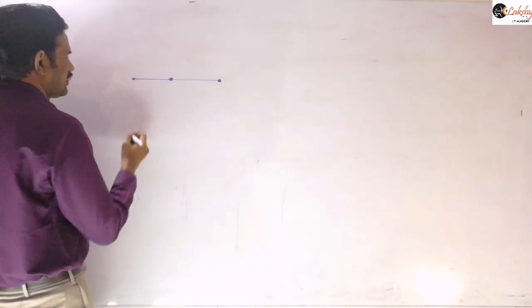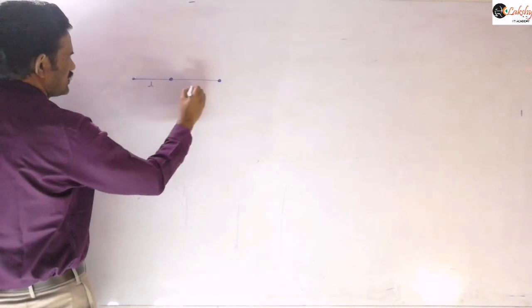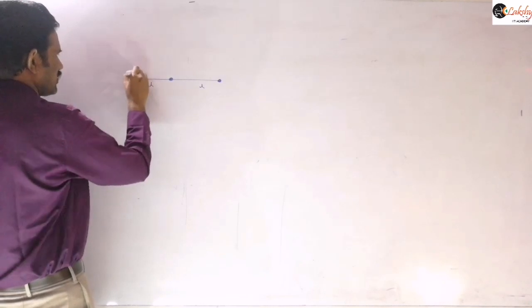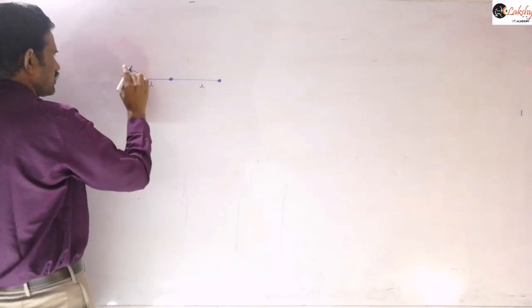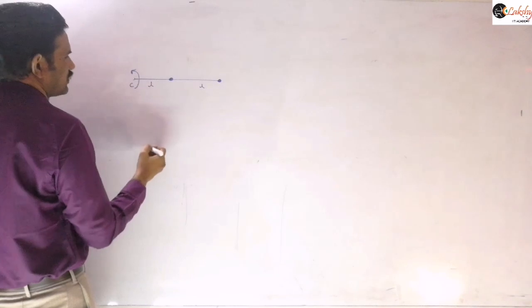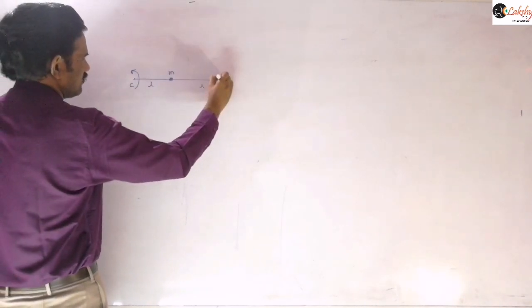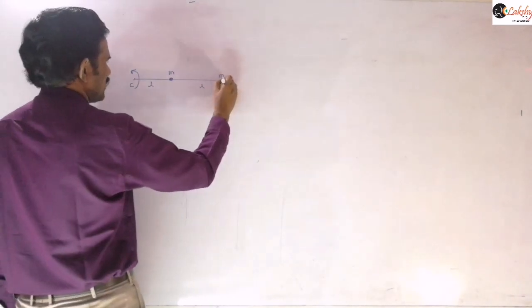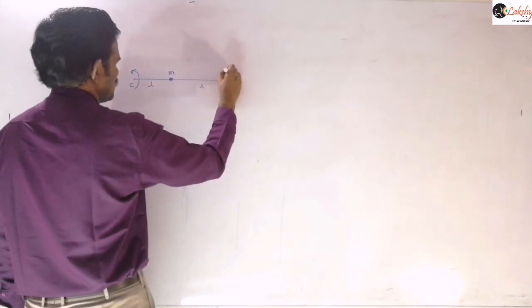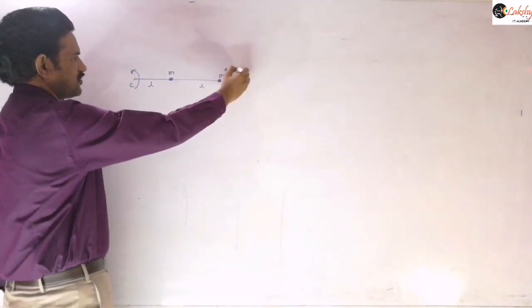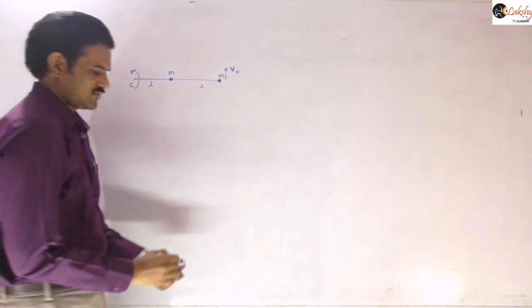I am taking this length is L and this length is also L. So this is the center, and about this the system is revolving here. This is a particle of mass m and this is a particle of mass m. Now here I am giving that its speed is v naught.